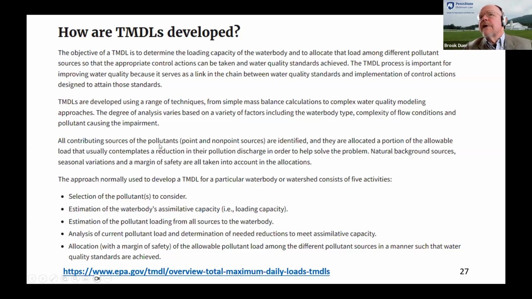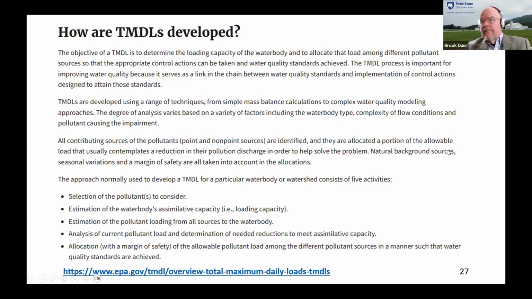All contributing sources of the pollutants that are at issue are identified, and they are allocated a portion of the allowable load that usually contemplates a reduction in their pollution discharge in order to help solve the problem. In other words, whether it's a point source or a non-point source, they get an allocation of how much of that particular pollutant they are going to be determined to be responsible for reducing.